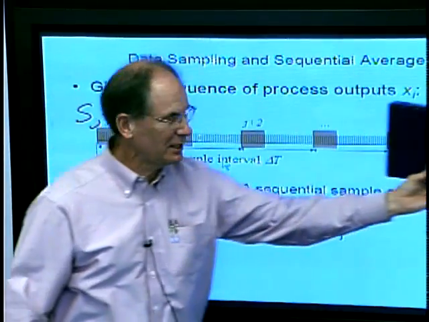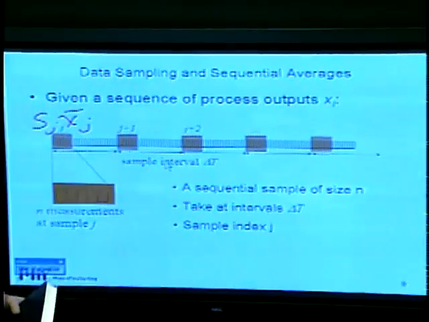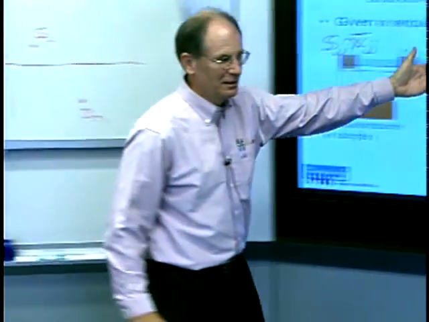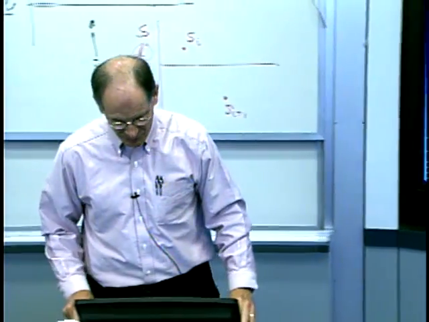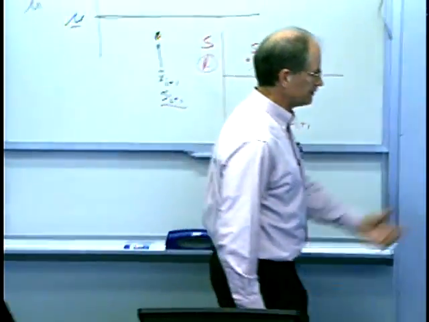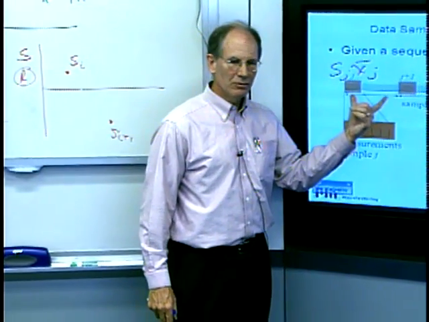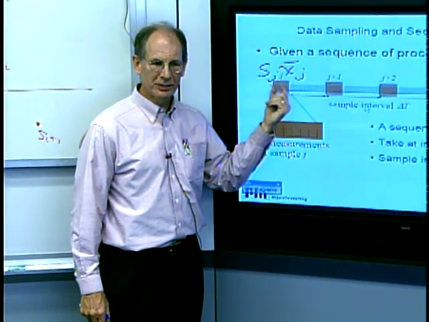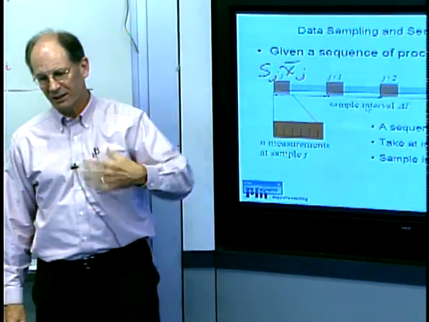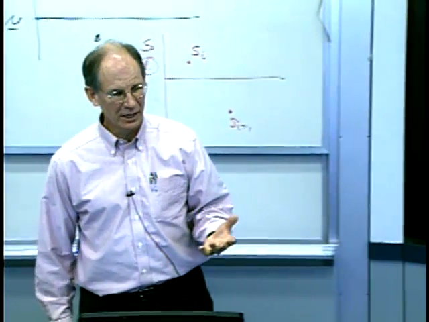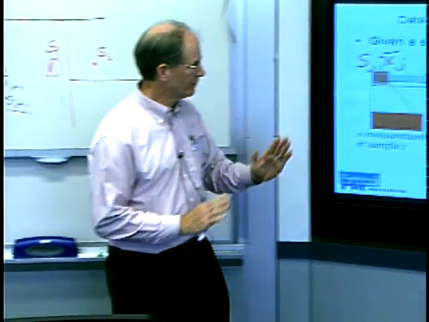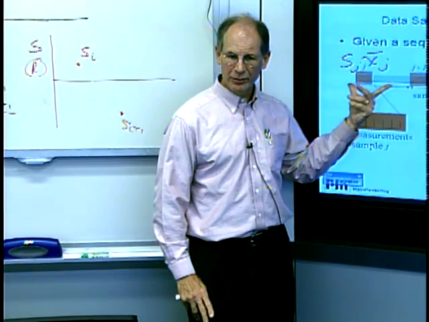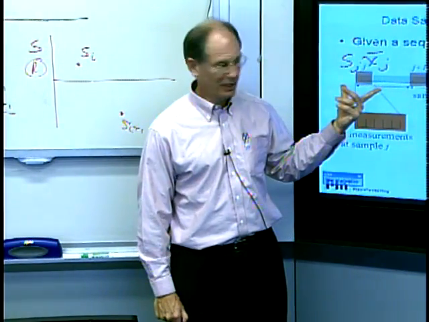If you wait until here to do that, think of all the product that you've made, and think about trying to make your next guess. It really gets kind of ridiculous. So there's a trade-off. How big should n be? Big enough to get a reasonable estimate, big enough to be able to detect changes in a timely manner. If I take a lot of data points, it's just going to take me forever to get an estimate.